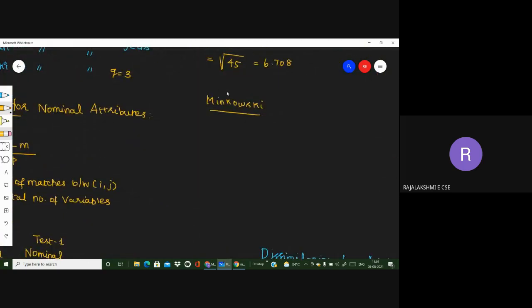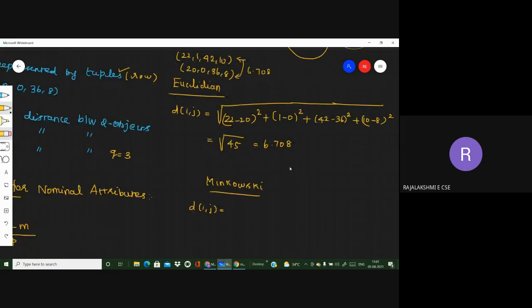I hope everyone is busy working. Okay. So the first data is 22 minus 20 the whole power 3 plus 1 minus 0 power 3 plus 42 minus 36 to the power of 3 plus 10 minus 8 to the power of 3.